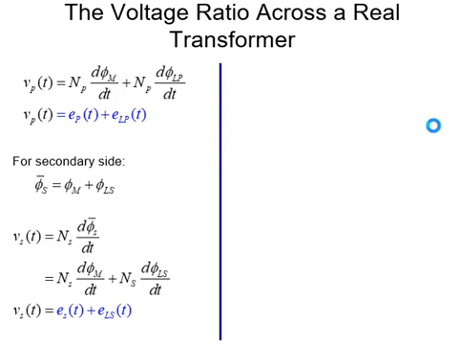On similar lines, we can derive these equations, and we can also obtain the last equation given as VST is equal to EST plus ELST, where EST is the voltage obtained from the mutual flux, while ELS is the voltage obtained from the leakage flux on the secondary coil.